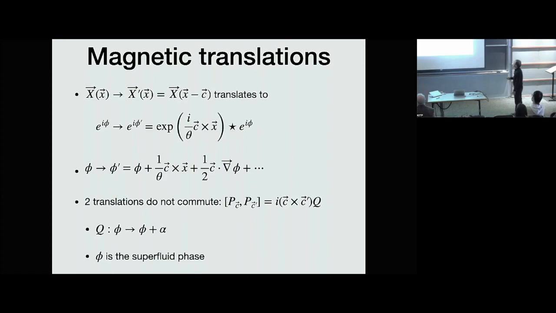One can check that the commutator of two of these translations along two perpendicular directions is equal to an operator q, which shifts phi by a constant. So we know that this q has to be identified with the U(1) particle number, and so phi clearly transforms like a superfluid phase. So the Tkachenko mode, which is a non-commutative field, is in some sense the non-commutative Nambu-Goldstone boson of the superfluid.